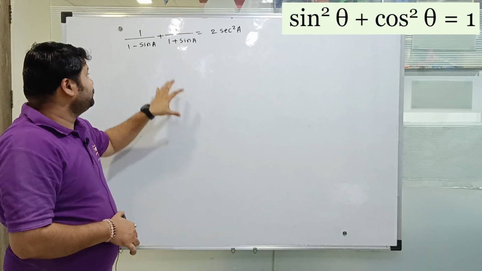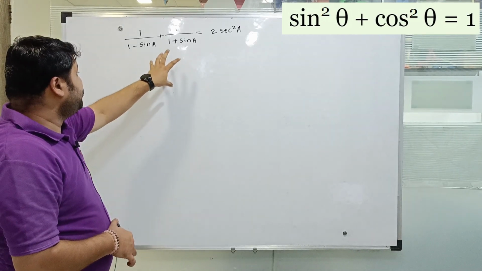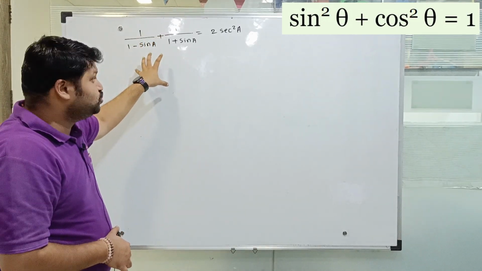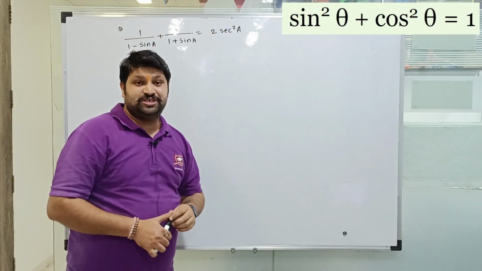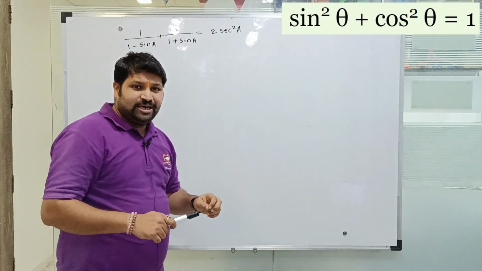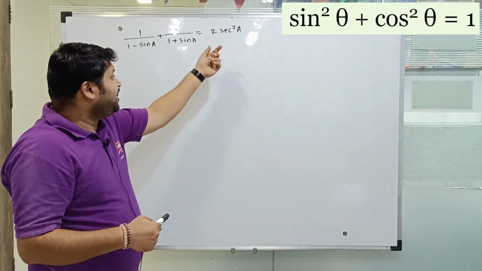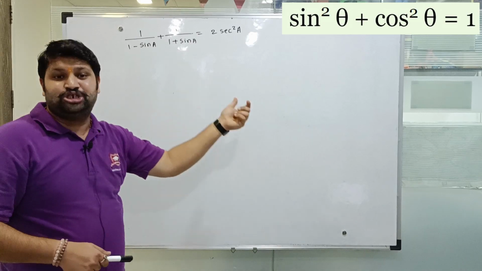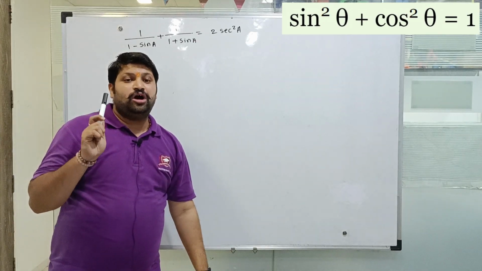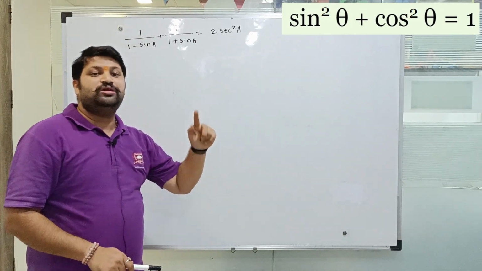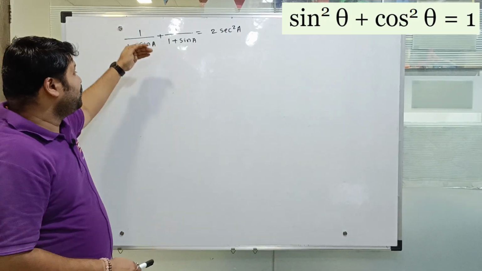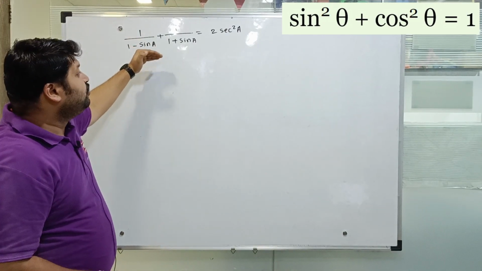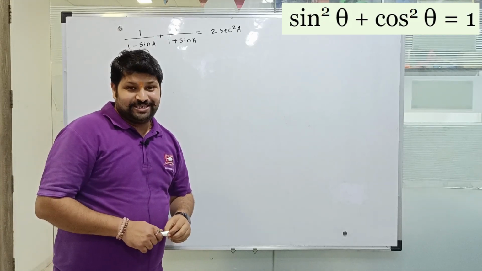Whenever we are dealing with such a kind of example, where on the left hand side I have sine ratios and on the right hand side I have a sec, which effectively means that I have to make sure that I am equating my left hand side in such a way that I would get a cos ratio on the denominator side, because if cos is there on the denominator, it would directly get converted into a sec.